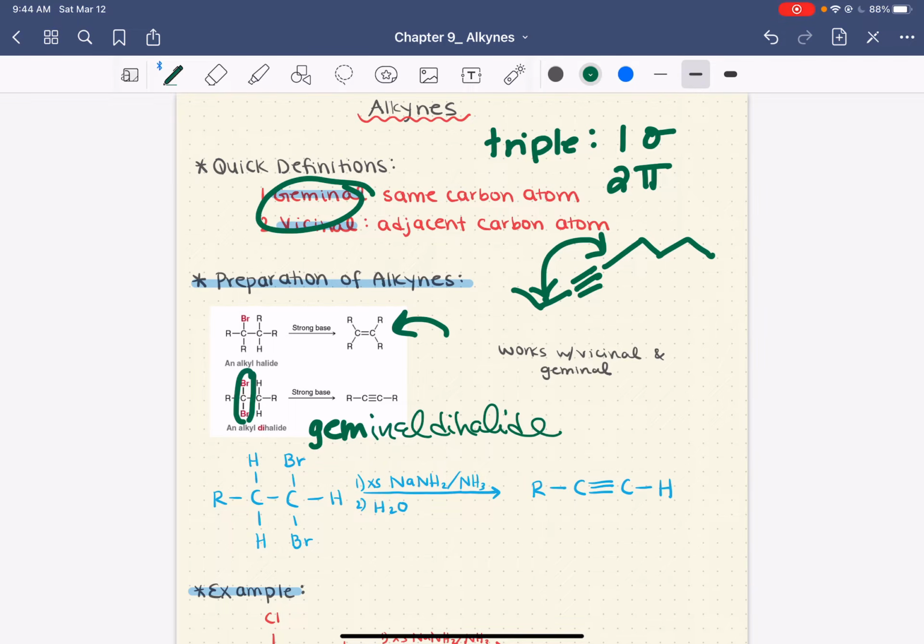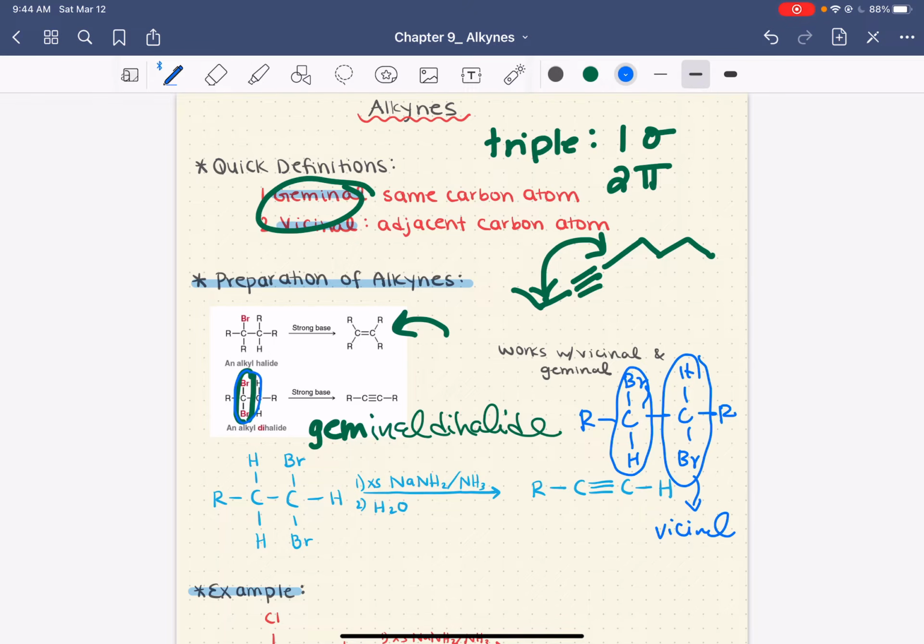This would look something like this. This would now be a vicinal dihalide. For geminal, both halogens were on the same carbon. For vicinal, the two halogens were on adjacent carbons.